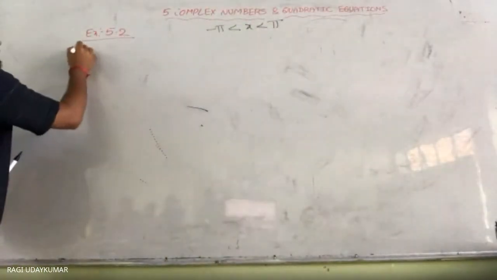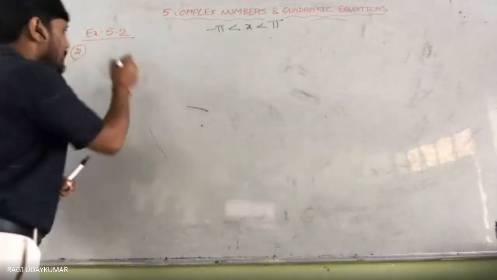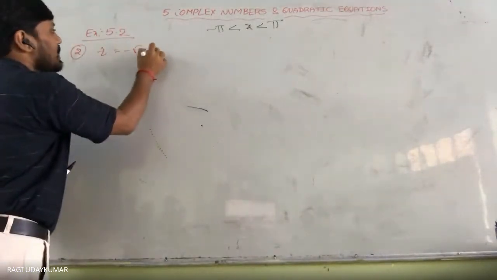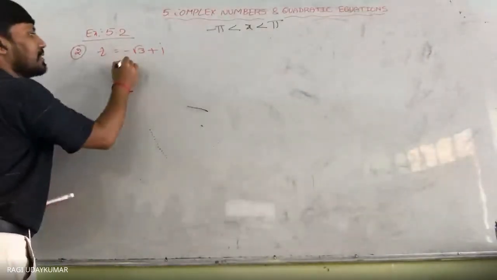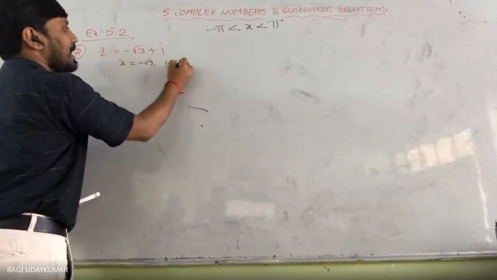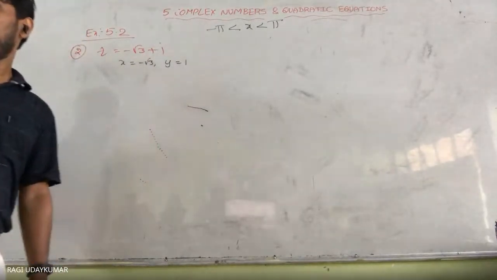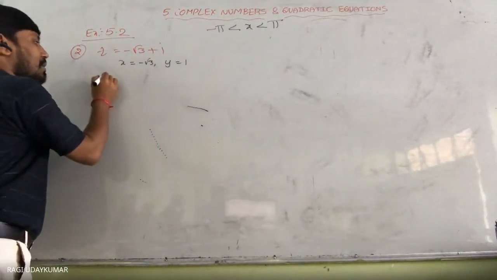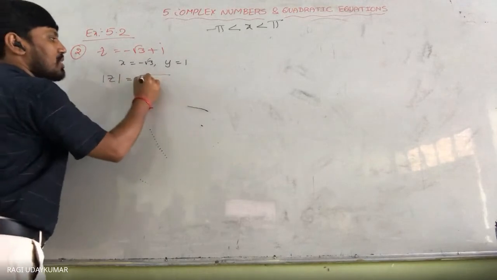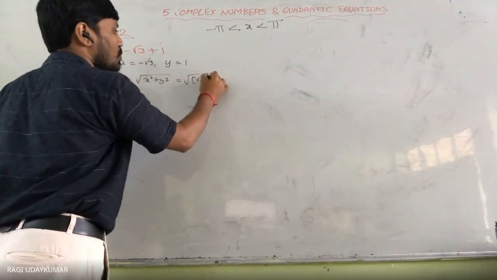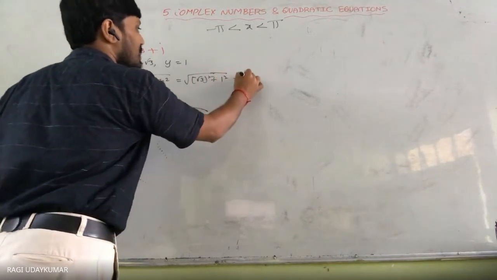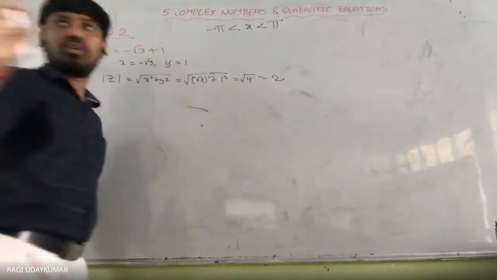Look at the second question. Z is equal to minus root 3 plus i. So what is x? Minus root 3. What is y? 1. First, the modulus: under root of x squared plus y squared, under root of (minus root 3) squared plus 1 squared, which is root 4, that is equal to 2.